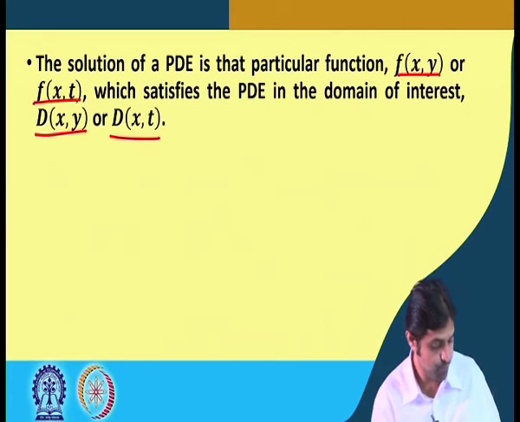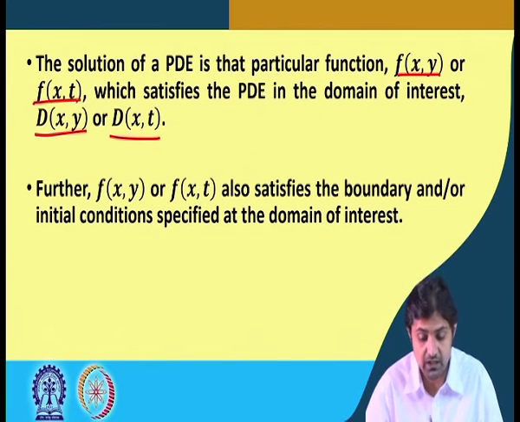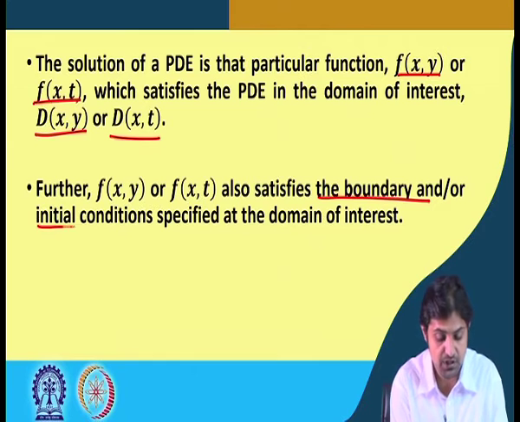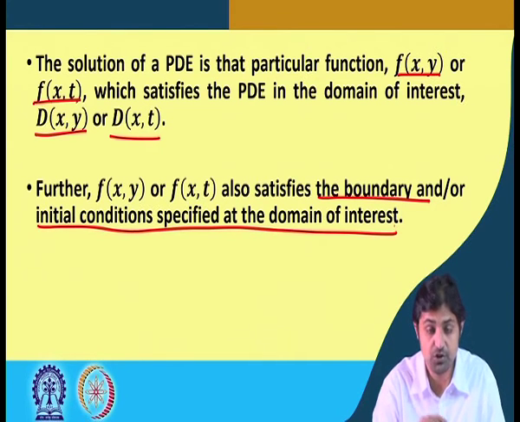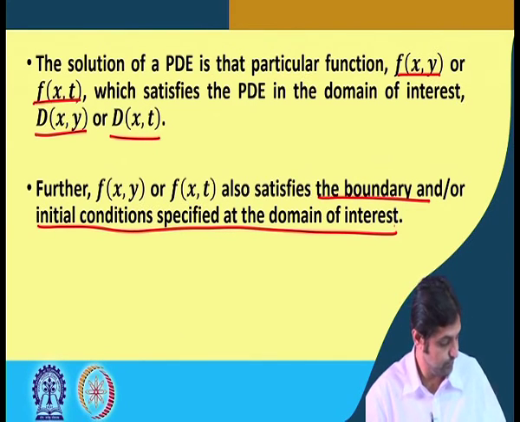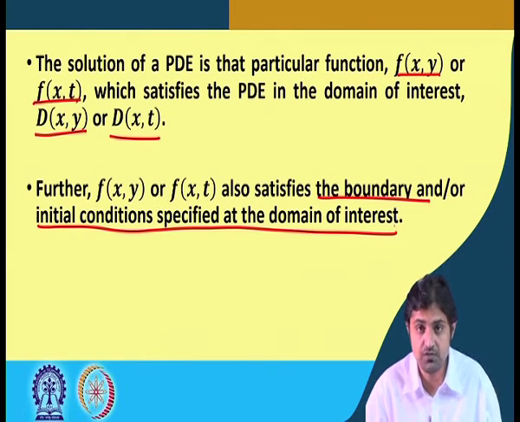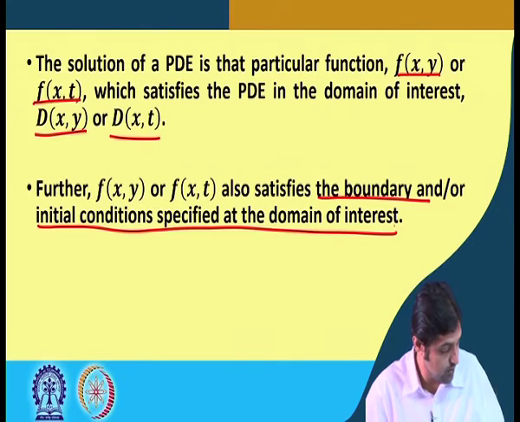All right. Further, these are 2 different types of partial differential equations. They also satisfy the boundary and or initial conditions specified at the domain of interest. So they must be satisfied at all places in the domain or at all times for which the calculation is being done.